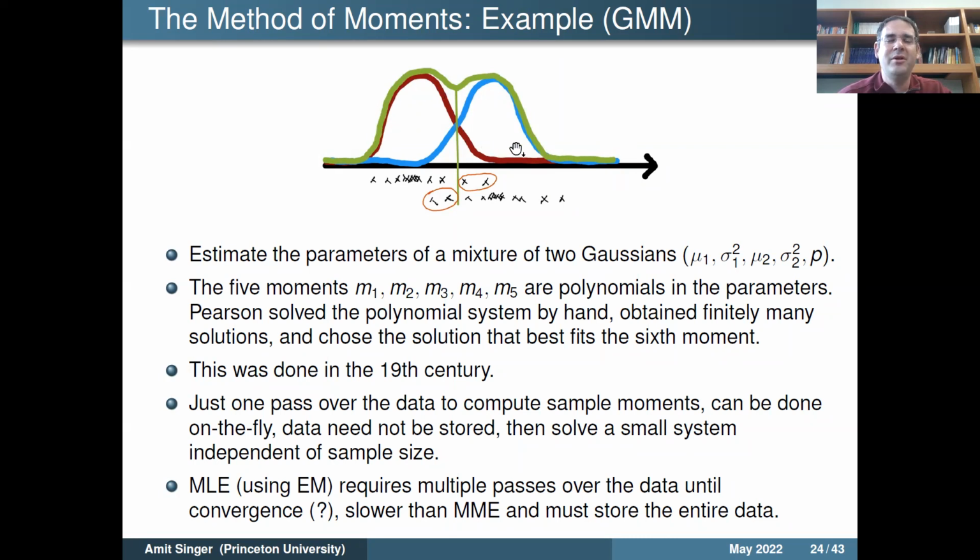One is the red Gaussian and one is the blue Gaussian. The blue here appears to the right of the red, so there is no political context here. And the green is just the superposition of the mixture of the two distributions.